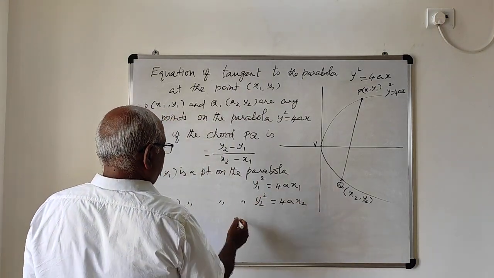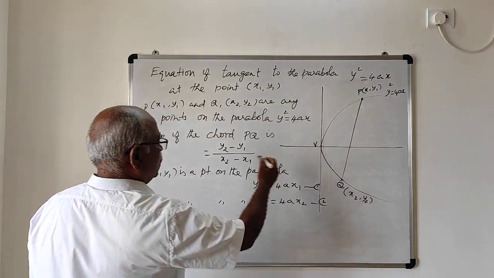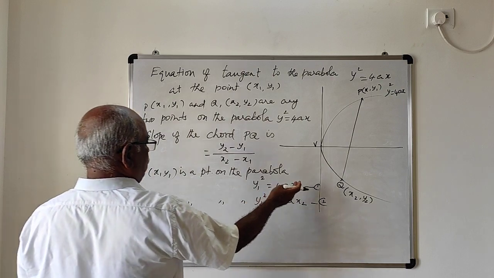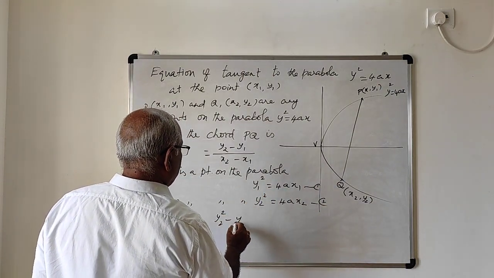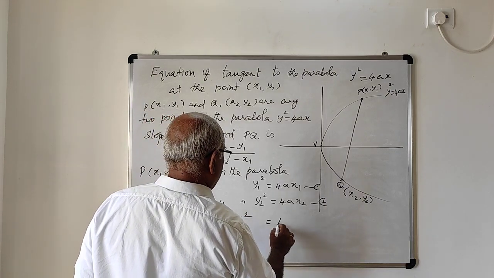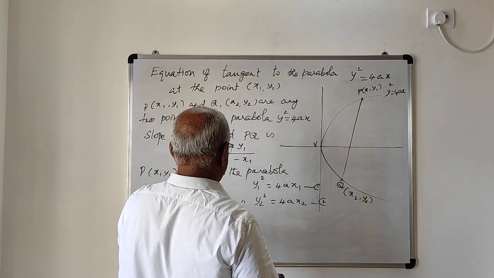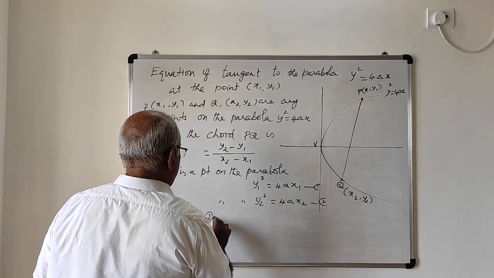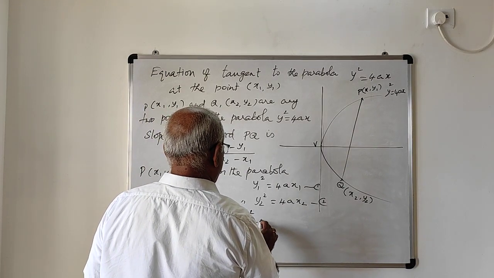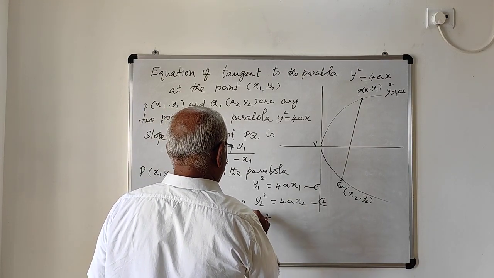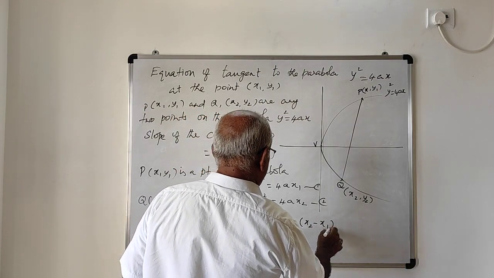So y2 square minus y1 square, subtracting 2 minus 1, equal to 4a into x2 minus x1.